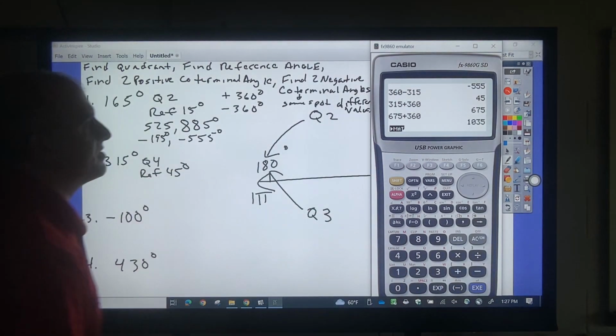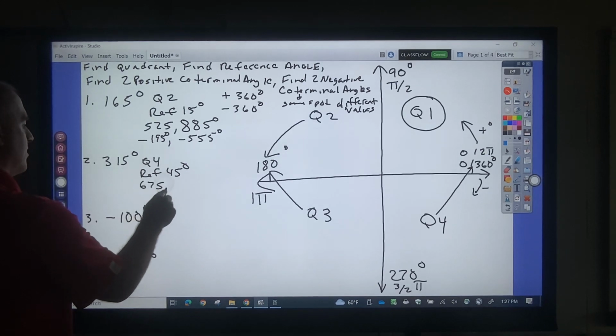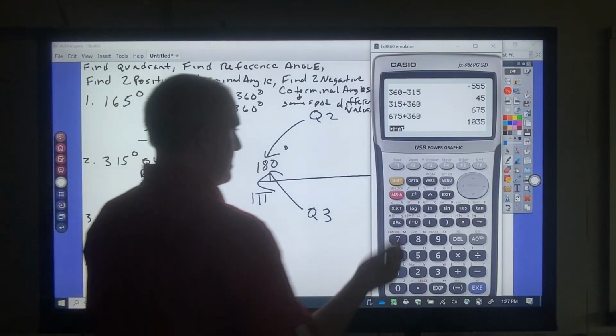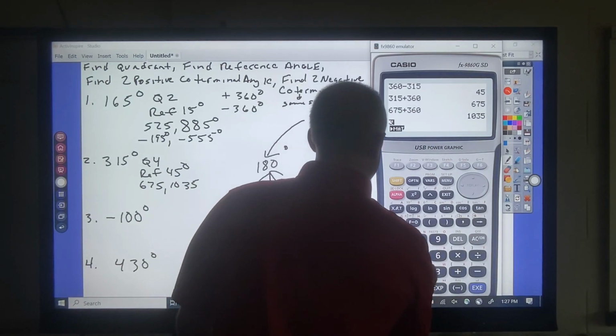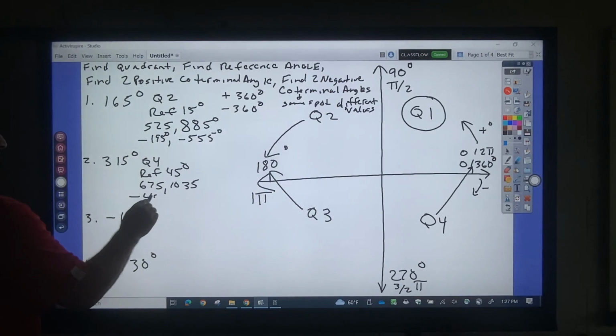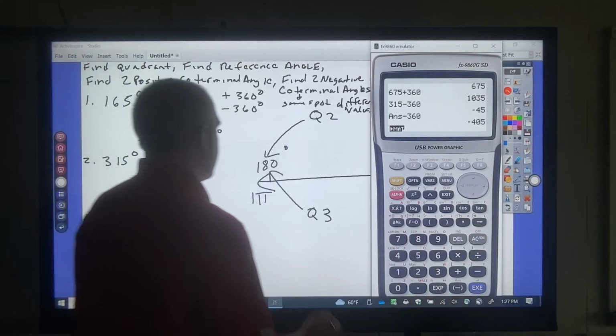Okay, so the two ones I have are 675 and 1035. Okay, and then if I do 315 minus 360, I get negative 45, and subtract 360 again, I get negative 405.